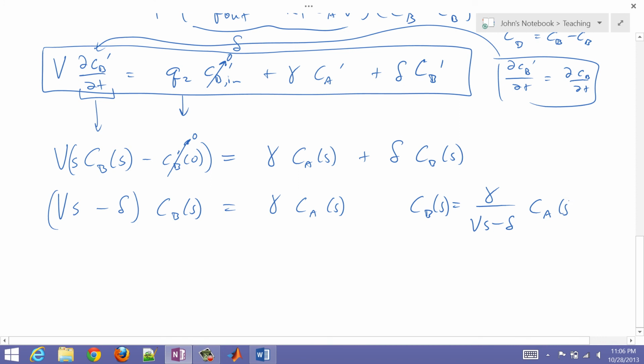I'll put the S there to remind us that we're in the Laplace domain. So now we have the CB relationship to CA.